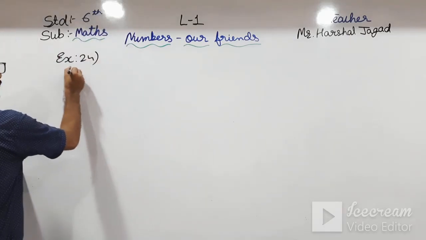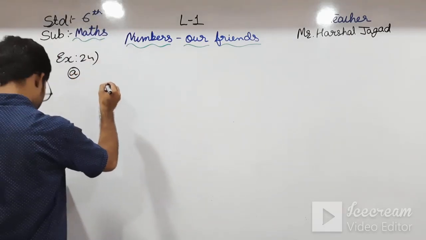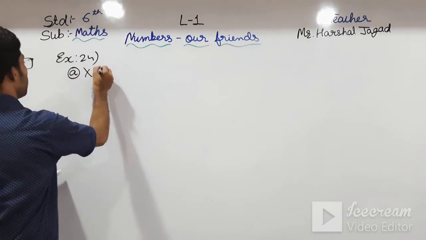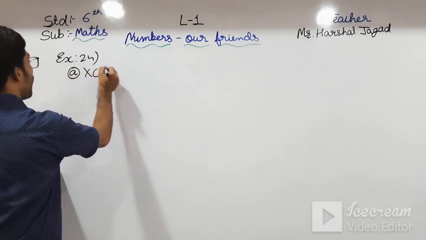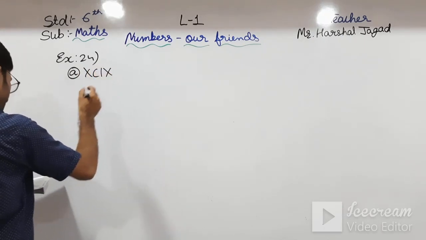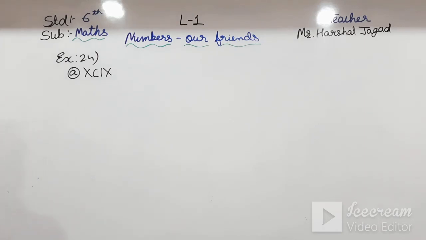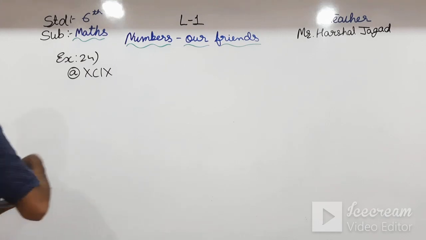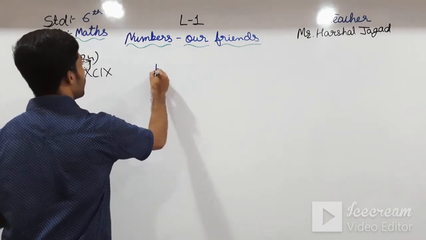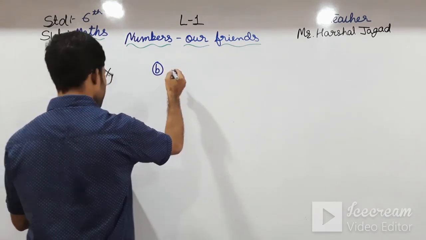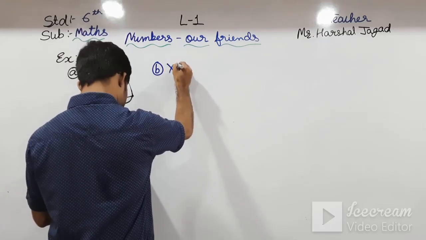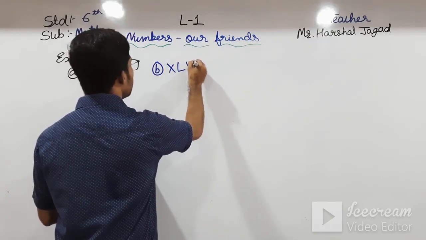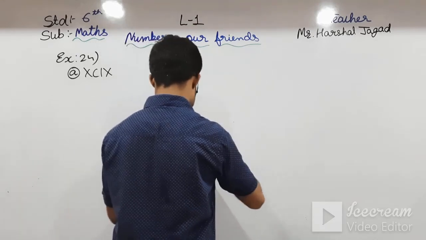Here A is XCIX. Okay students, and B is XLVI.